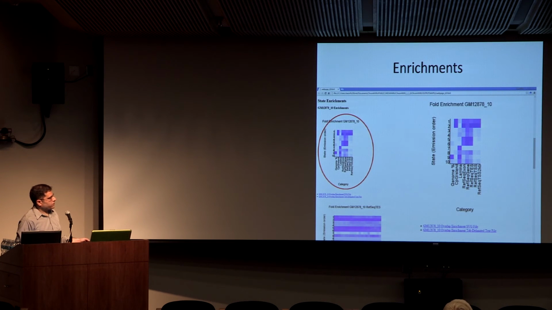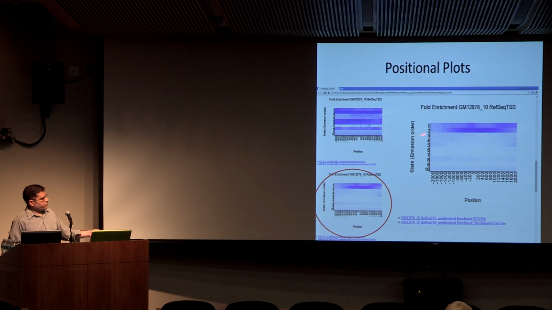It also has enrichments, so it has preloaded certain types of basic enrichments, such as where genes and exons are, but you can also, either before you run it, add in additional BED files that you want enrichments computed for, or after you've run it, use another command in ChromHMM called overlap enrichment, where you can take a previously learned segmentation and compare it to additional data sets and create these types of heat maps.